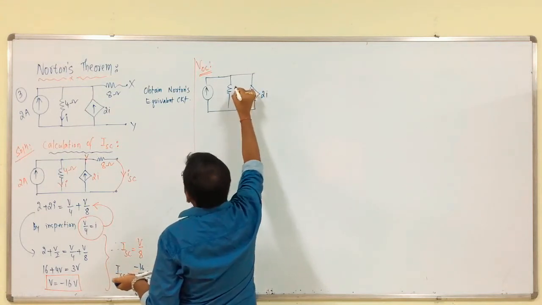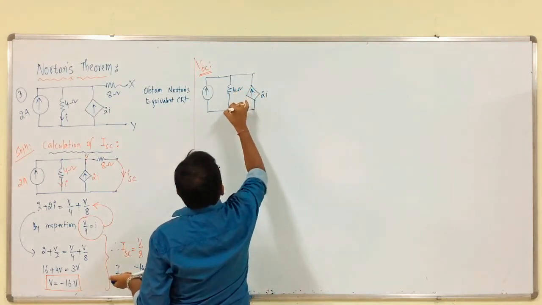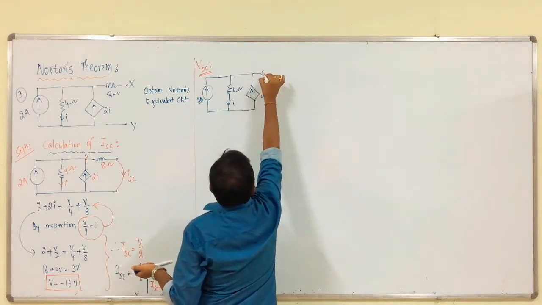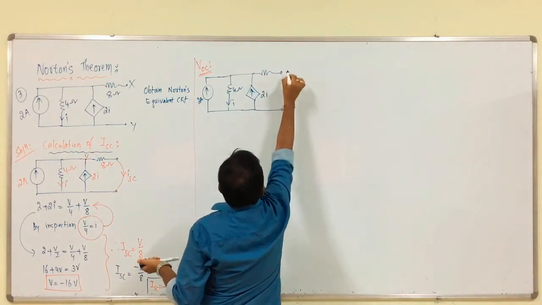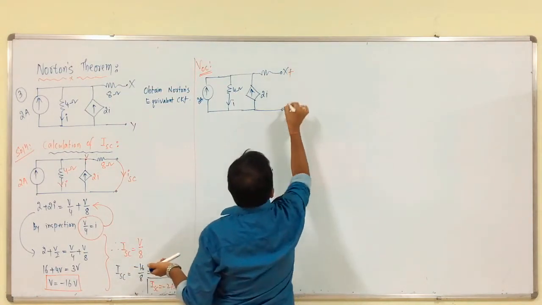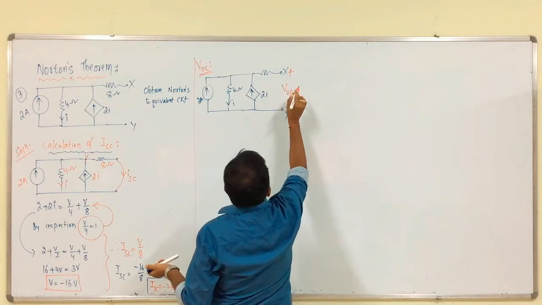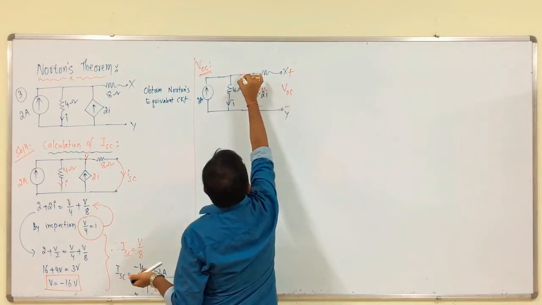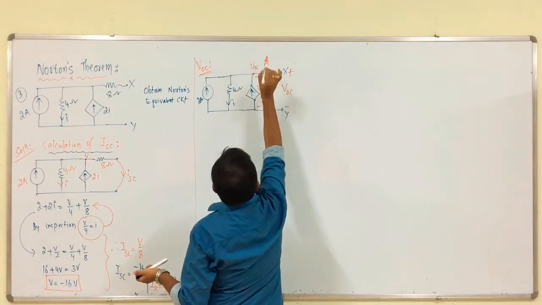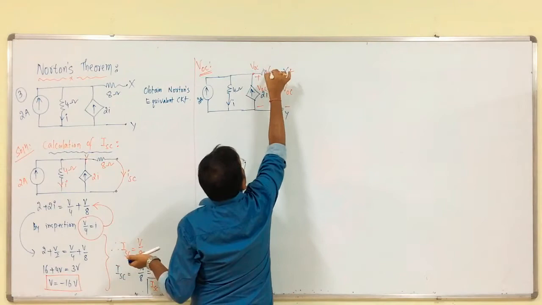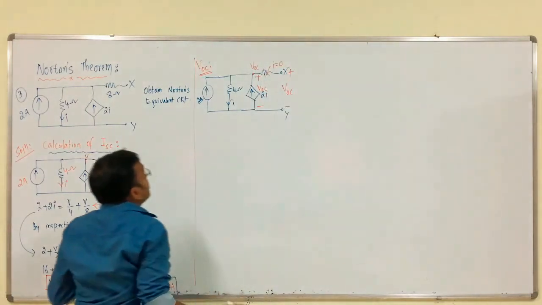This is 2I, this is 4, this is leaving, this is 2 amperes. We have to calculate VOC, that is plus minus VOC, means at this point we have VOC. Open circuit, there is no current through this branch, I is equal to 0.